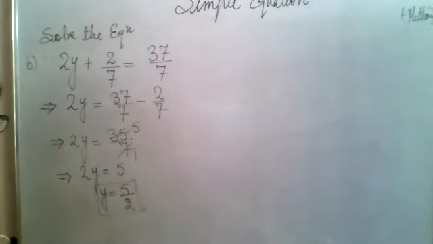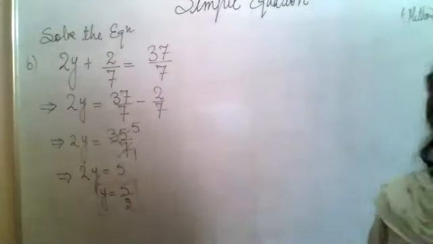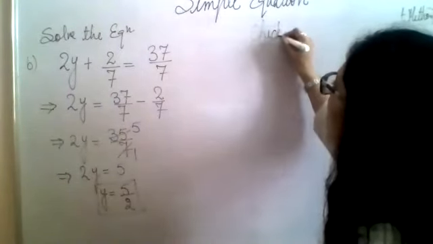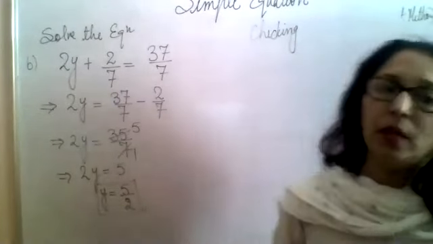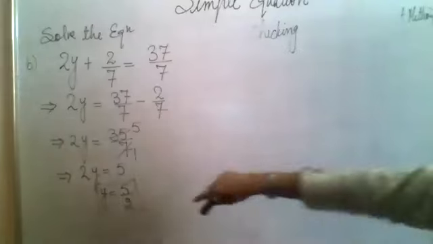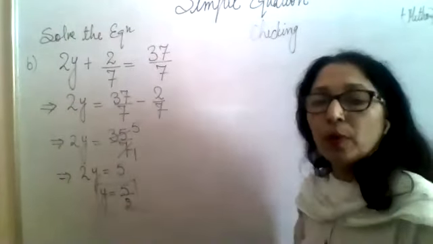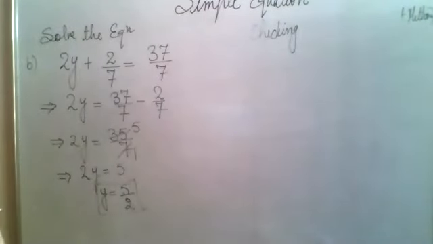And how will you come to know that your answer is correct? For it, you will do checking. How to do checking? You will put value of variable in the given equation. Variable value is here 5 upon 2. So you will put this value in the given equation. Let's do this.